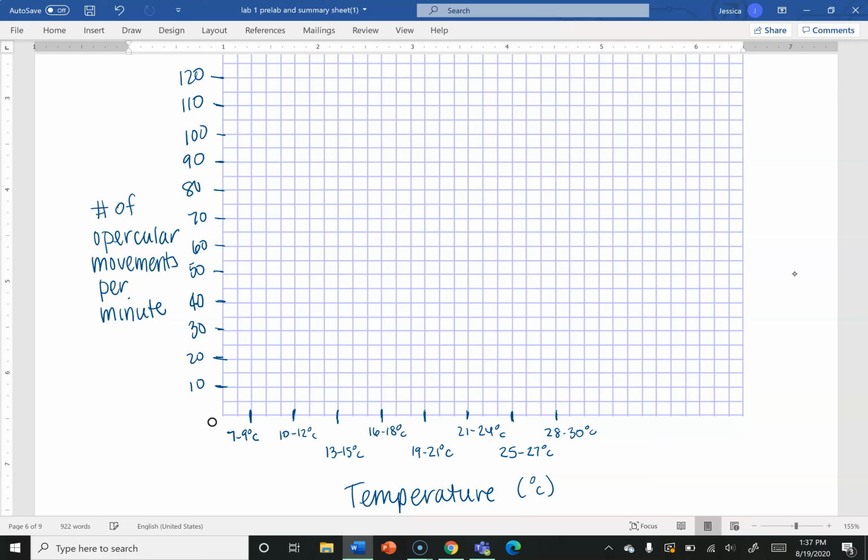So I'm going to graph for you fish number 1 on our data set that I gave you. So for 7 to 9 degrees, we've got 69 opercular movements, followed by 68. And I'm going to jump ahead here.